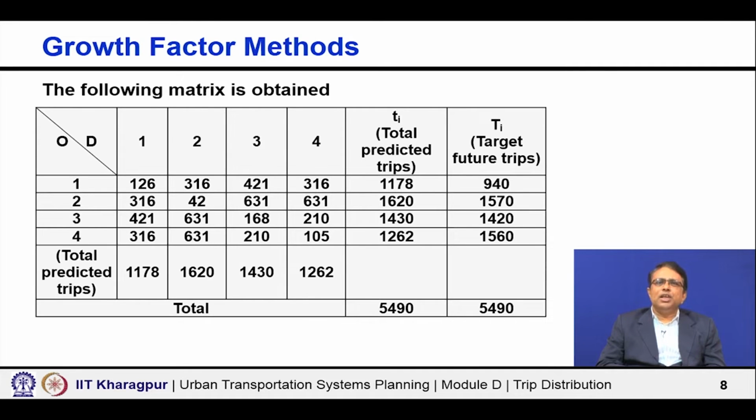But if we see origin and destination wise, or rather zone wise, we find that what we should actually get and what we got by applying the uniform factor method, the difference is very significant. Okay? There is a gross kind of mismatch. So this needs to be improved further.